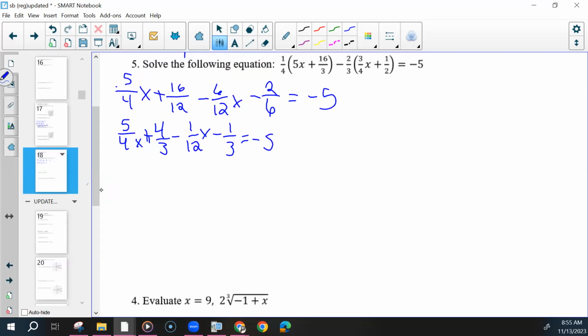For the x's, you would do this either in the calculator or by hand. The 5/4 minus the 1/2, by hand you have to make them both 4, or in the calculator it would be 5/4 minus 2/4. So 3/4 x. And then 4/3 minus 1/3 will give us 3/3 plus 3/3 equals -5.